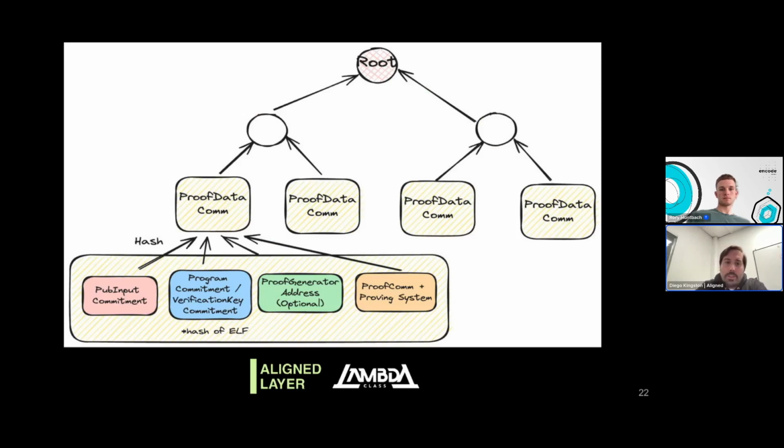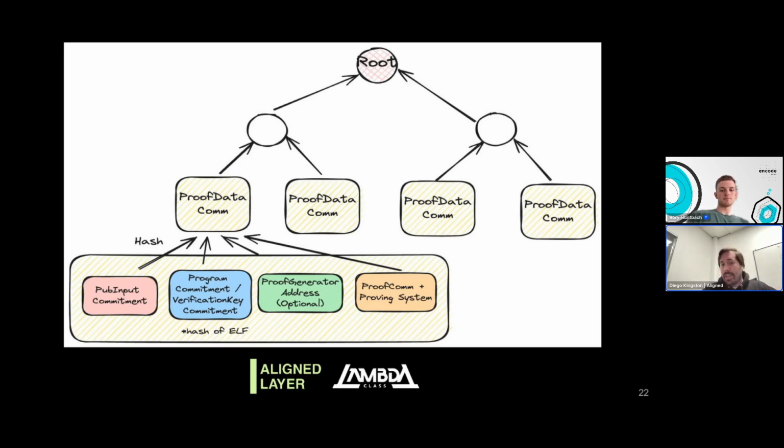So this is the structure of the batches. The idea is, this is simply a Merkle tree. The root is what gets sent to Ethereum. Each leaf consists of a commitment to the public input, a commitment to the program or the verification key, an optional field which is the proof generator address, and then the proof commitment plus the proof system.